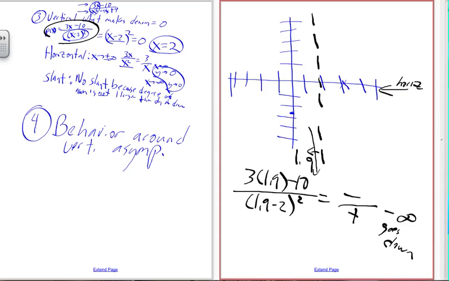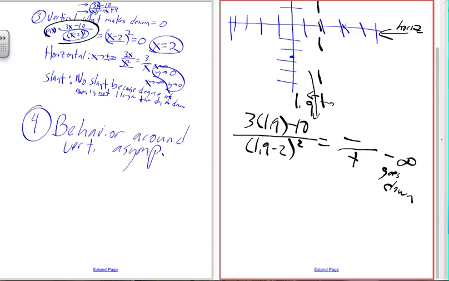Now we find a point on the other side that's a little bit off, like 2.1. I'm going to have 3 times 2.1 minus 10 over 2.1 minus 2 squared.